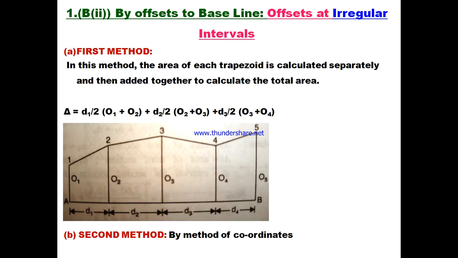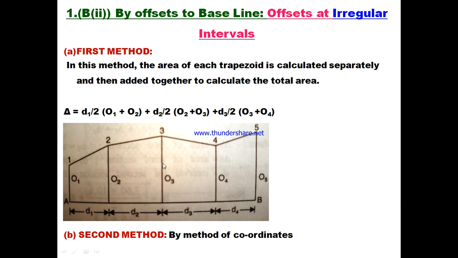Now our second part is constructing offsets to the baseline, where offsets are drawn at irregular intervals. Here also we will cover two methods. In the first method, the area of each trapezoid is calculated separately.